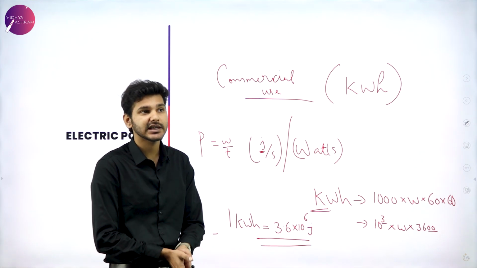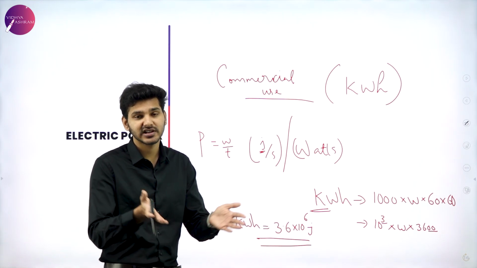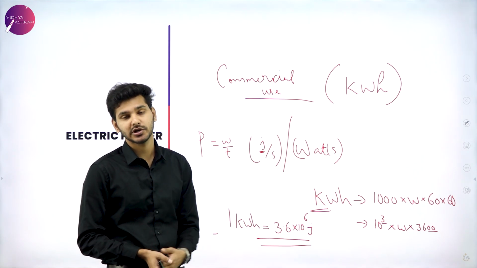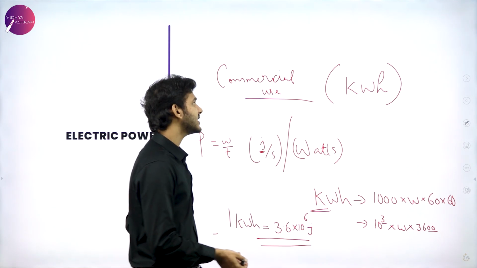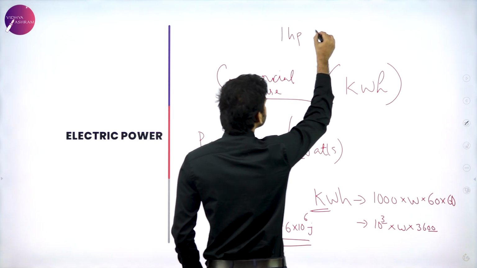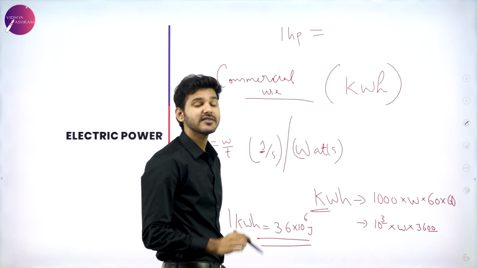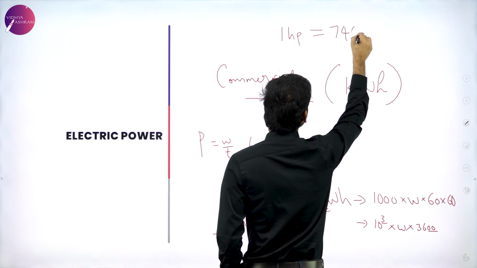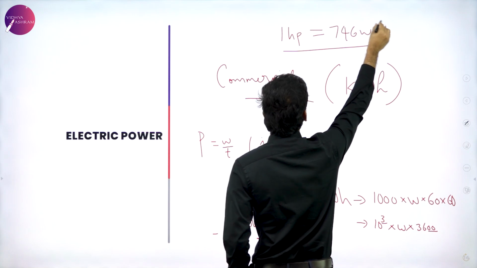So 1 kilowatt hour is this much energy. And if you're seeing it in terms of horsepower, if you have an electrical car, you want to compare how much bhp that particular car has. So we can say that 1 HP or 1 bhp is equal to 746 watts.